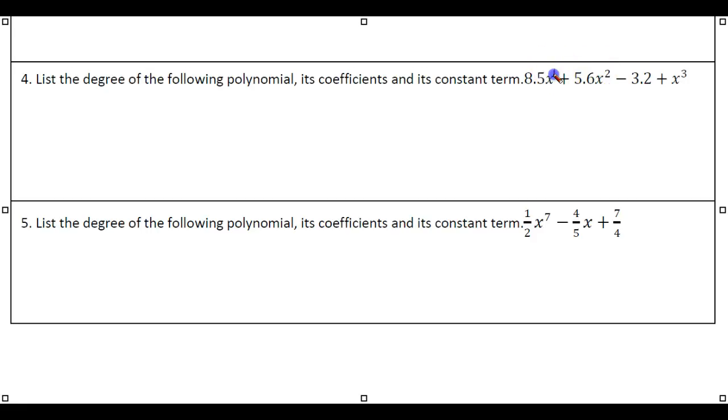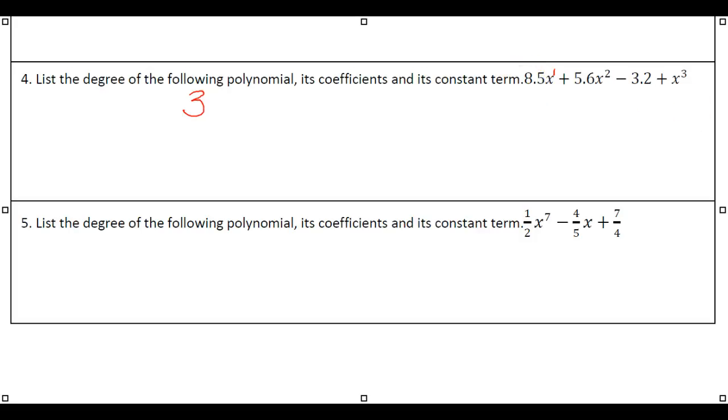So the degree of this is 1. The degree of this is 2. Degree of this is 0. Degree of this is 3. So the degree of this polynomial is 3, the highest of any individual term.